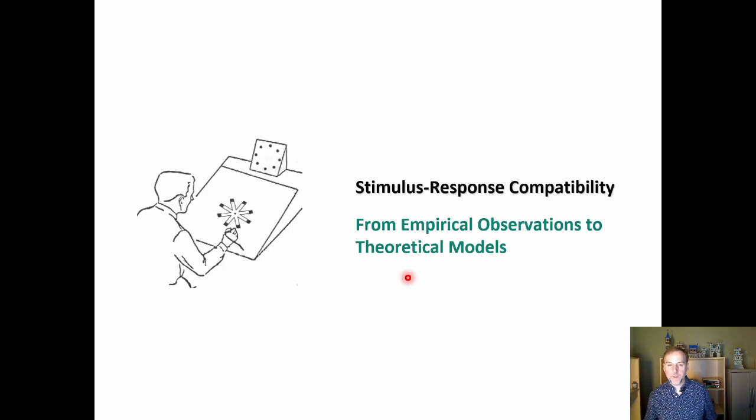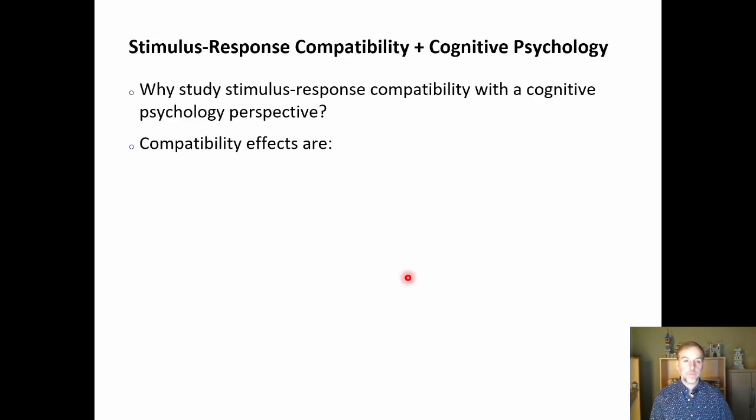So let's dig deeper into compatibility and what we can learn from cognitive psychology. So why should we study stimulus response compatibility outside of human factors, where it seems very obvious? Well, it's a great way to make products efficient, desirable, and safe. But why in cognitive psychology?